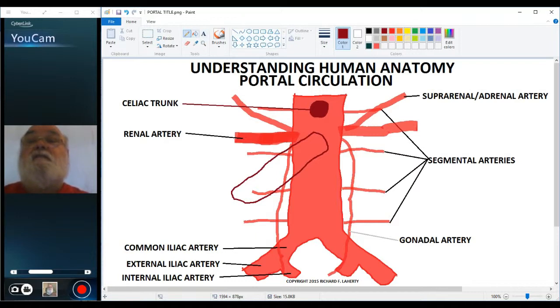And I've exaggerated the amount it goes to the right.